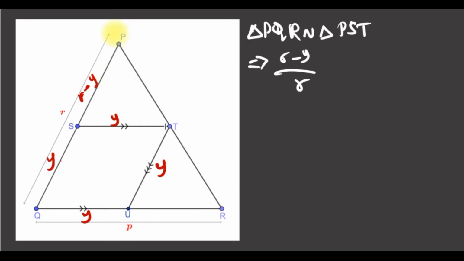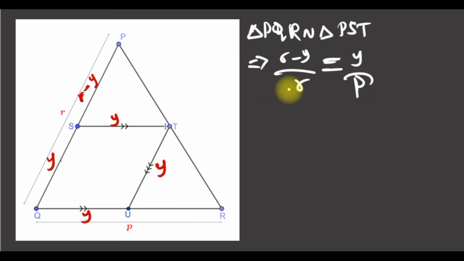This small side, r minus y, corresponds to r in the bigger one, and equals the length here, y, over p, the total length here.